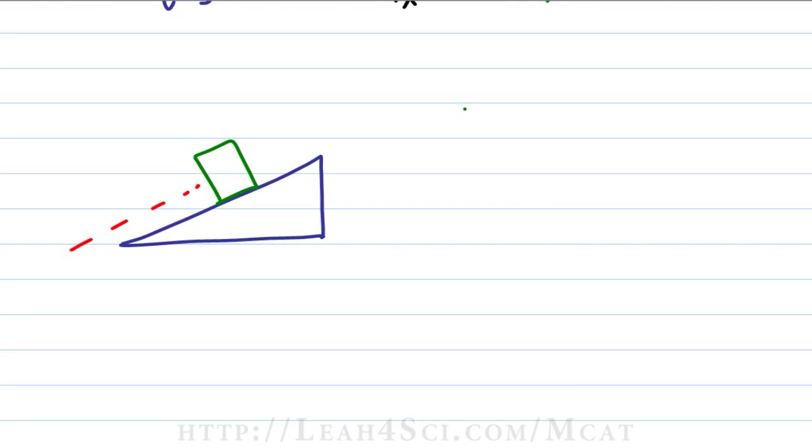All we do is switch the axes so that x is at an angle but parallel to the inclined plane, and y is also at an angle but perpendicular to the inclined plane. In the trigonometry video, I proved to you why, given an angle theta, x is going to use sine rather than cosine, and y will use cosine rather than sine, but everything else is still the same.